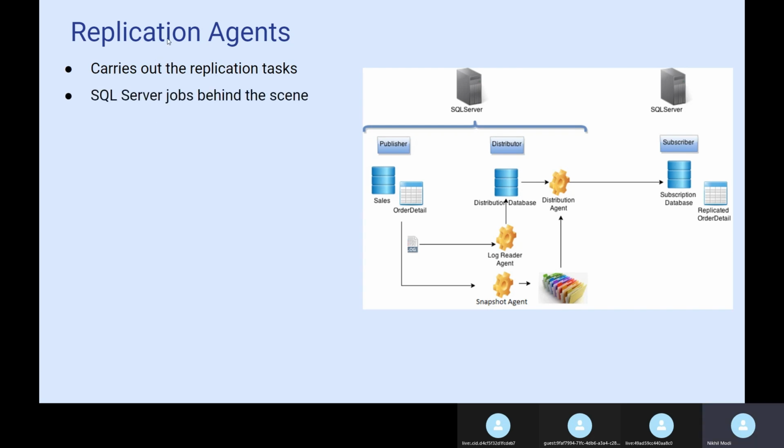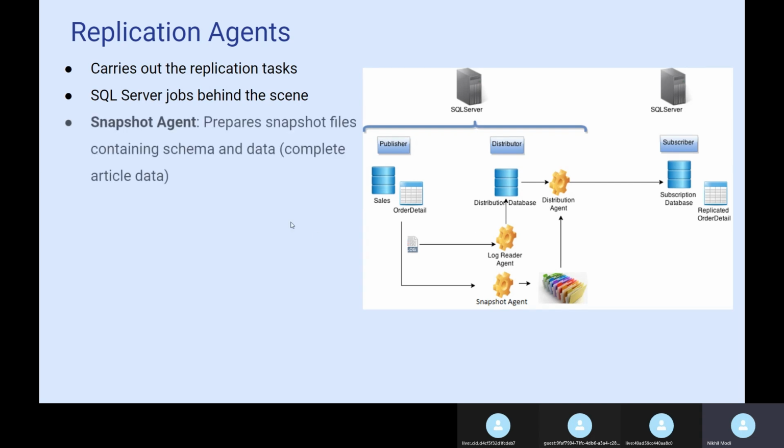As you know, it's an agent. It's SQL Server jobs behind the scene. All of them have a SQL Server Agent job behind the scene. What does the Snapshot agent do? It prepares snapshot files containing schema and data, complete article data. We'll go into that in detail when we configure snapshot.